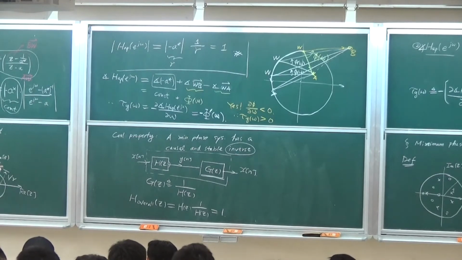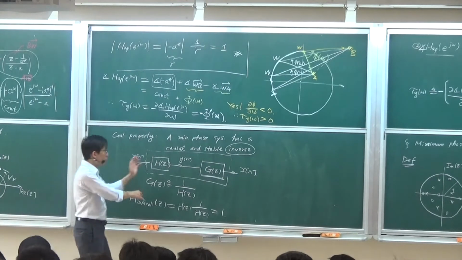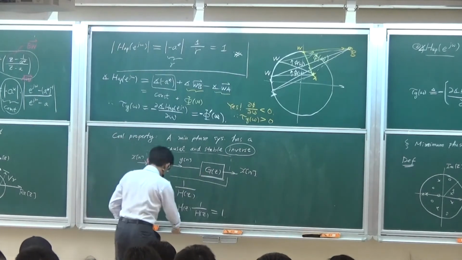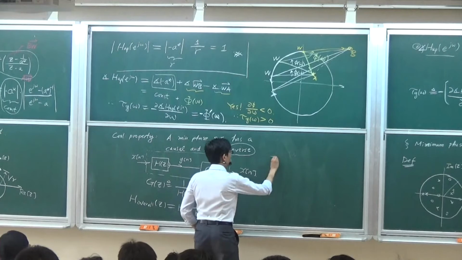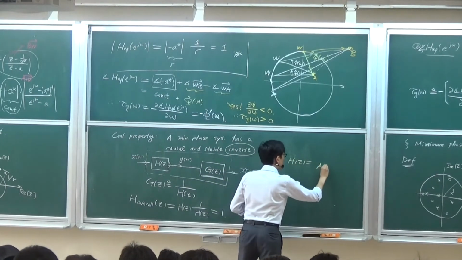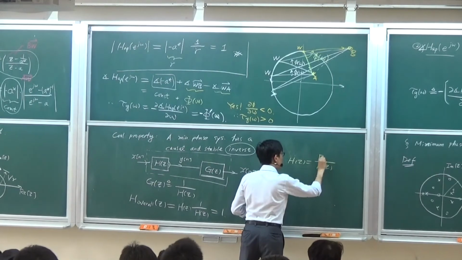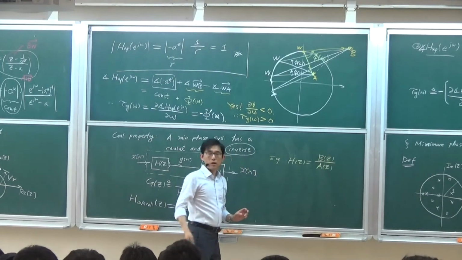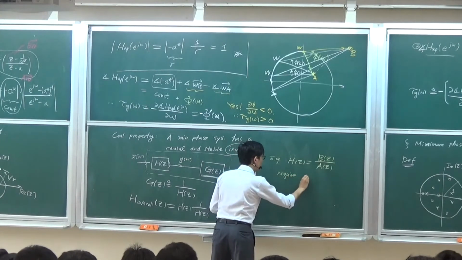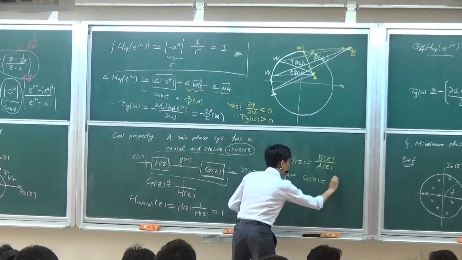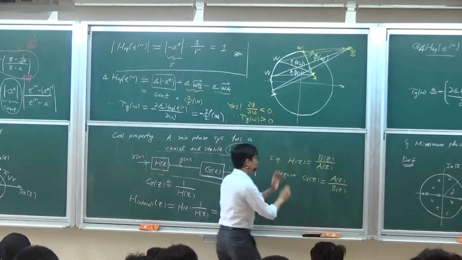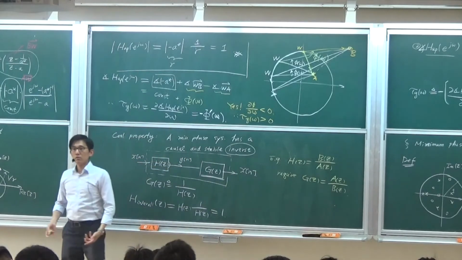So in principle, whenever we have H of Z, you can always try putting a G of Z. Right? So for example, if H of Z is B of Z divided by A of Z, as usual, then we can always try requiring G of Z to be A of Z divided by B of Z. And in principle, then the product of H and G should be 1, right?